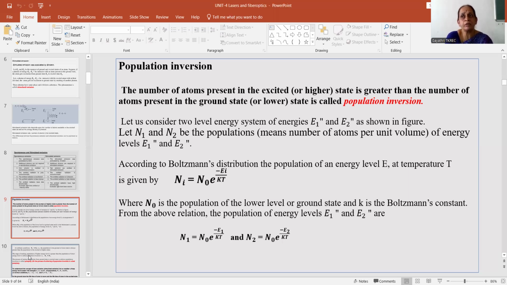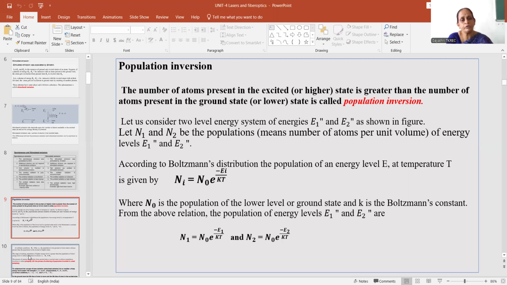Let us consider N1 and N2 as the population of lower energy state and the population of higher energy state. Now, in order to achieve the stimulated emission, we want more number of atoms to be present in the higher energy state, and they get triggered and come back to ground state by liberation of more number of photons at the output.